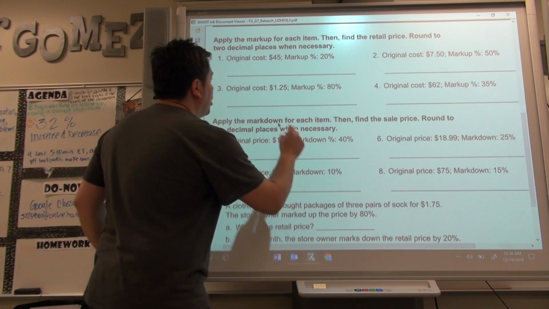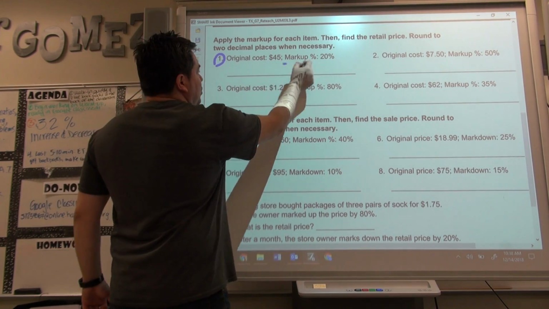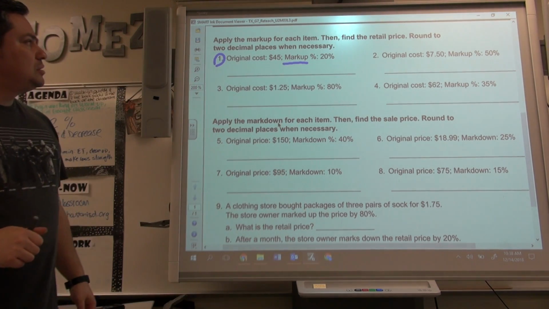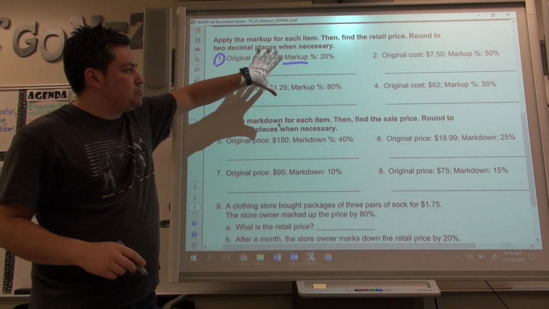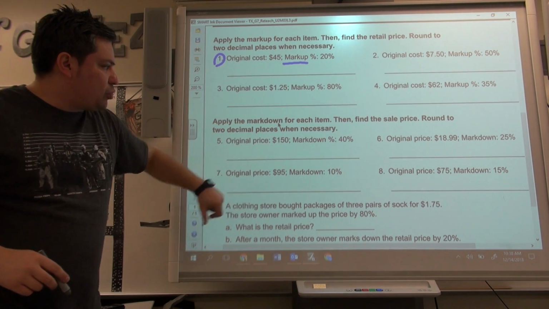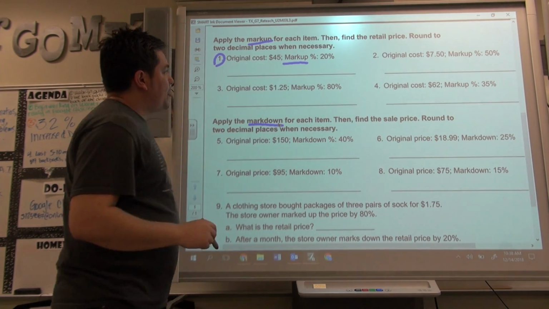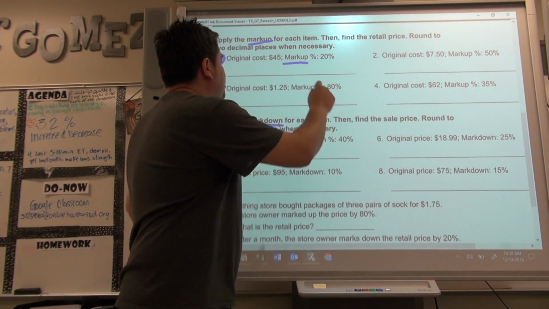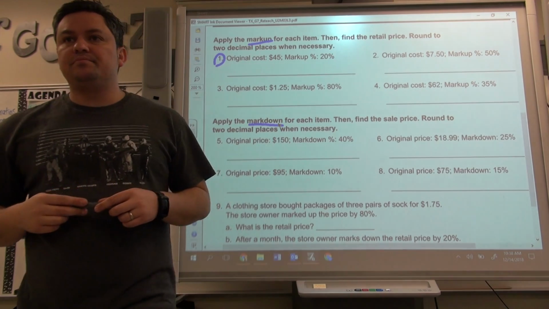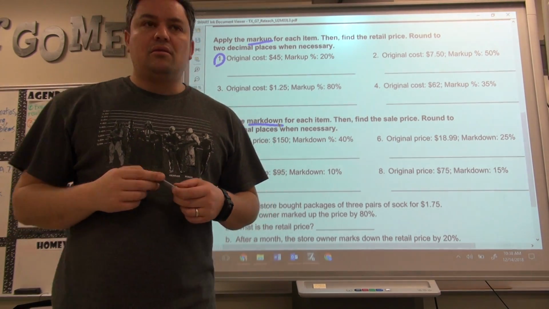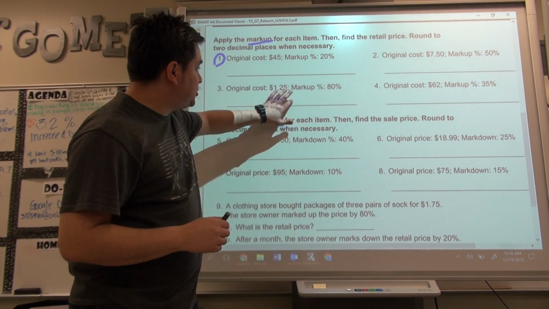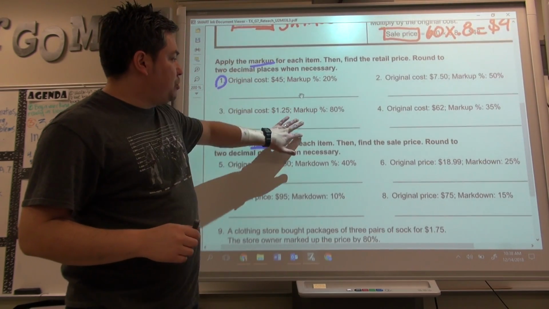Number 1 is a markup. Why markup? It says right here. Plus, all of these are markups. 1 through 4 are markups, and 5 through 8 are markdowns right here. So again, what is the first step that we have to do for markup? What do we have to do on markup? First step: convert percent to decimal.